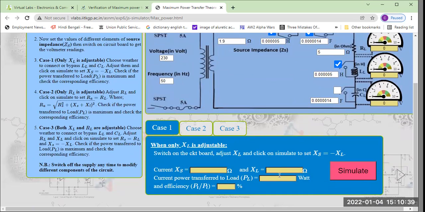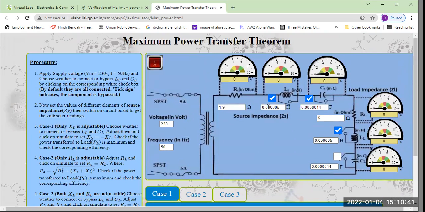Just note down this wattage. Look, first all should be the same and nothing will be bypassed. Look, this is the resistance, 1.9, the source resistance. I increase it up to 5. Look, this is 5.